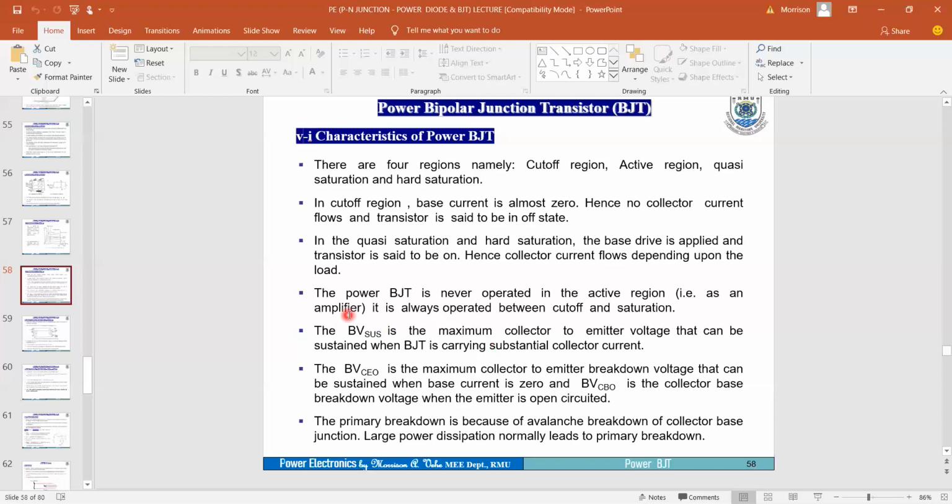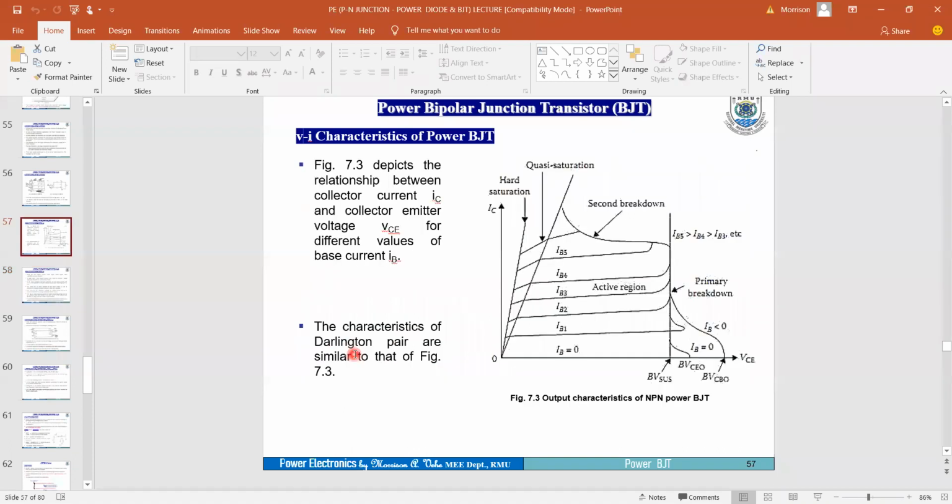Now, the BVCEO sustain, or BV sustain, is the maximum collector to emitter voltage that can be sustained when the power BJT is carrying substantial collector current. When you look at the curve, this is that axis or region, if you like.